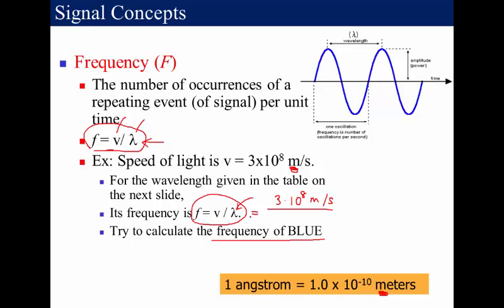and here the wavelength is 4,500, so 4.5 times 10 to the power 3, times, we need to use this, right? 10 to the power negative 7 meter.